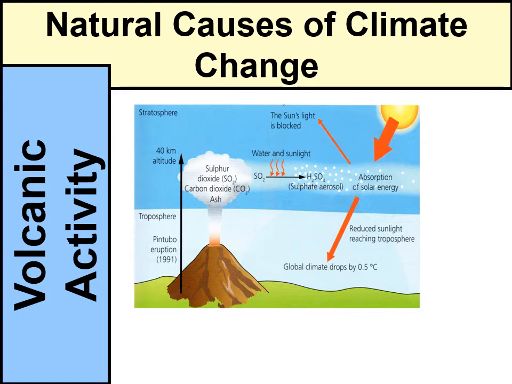Initially, it's widely accepted that that part of the Earth will cool because the sun's rays cannot find their way through this area of sulfur dioxide, which is a really dense gas. However, once that spreads over the planet, there's some evidence to suggest that global warming will happen, particularly in the lower area of the atmosphere, the troposphere. So in the short term, there'll be cooling, and some say in the long term, there'll be global warming.